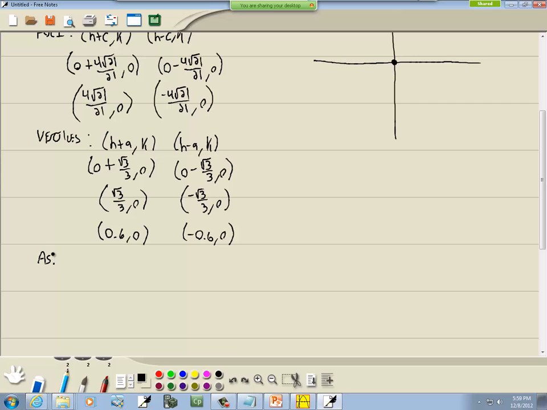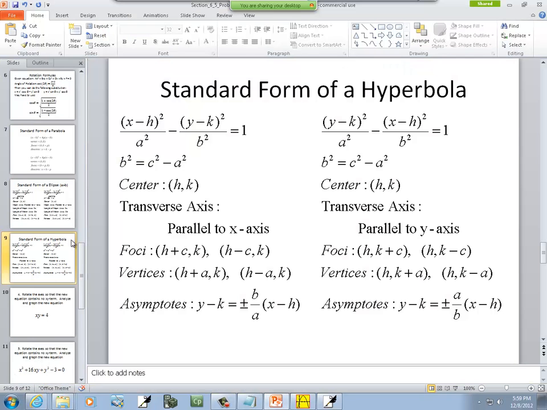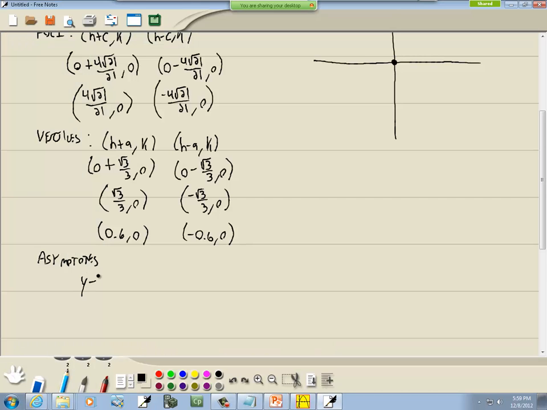Let's look at the asymptotes. Asymptotes is y minus k is equal to plus or minus b over a, x minus h. K is 0. Plus or minus b was square root of 21 over 7 all over a, which is square root of 3 over 3, and x minus 0.